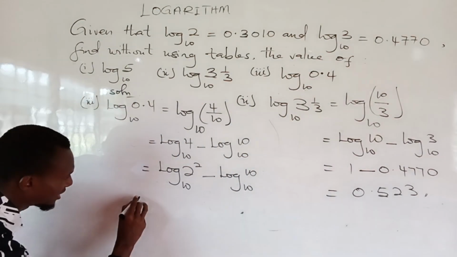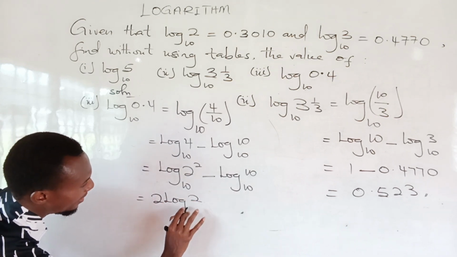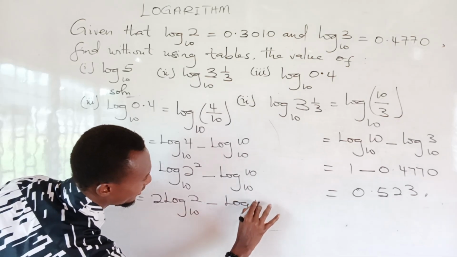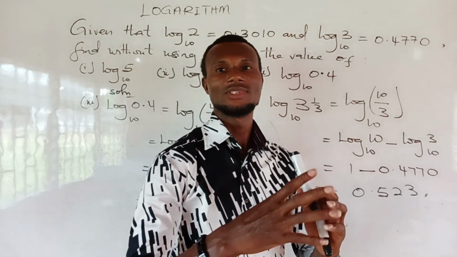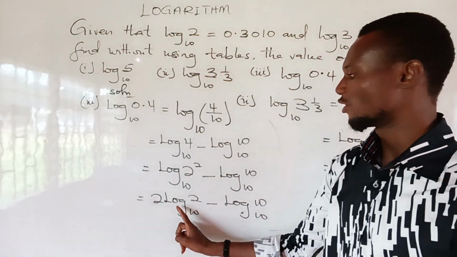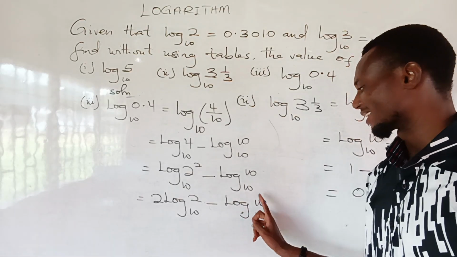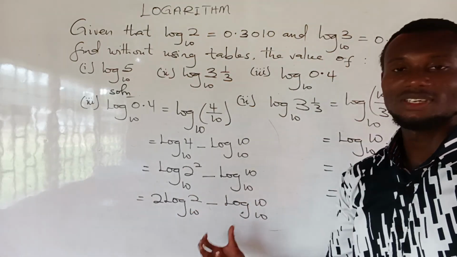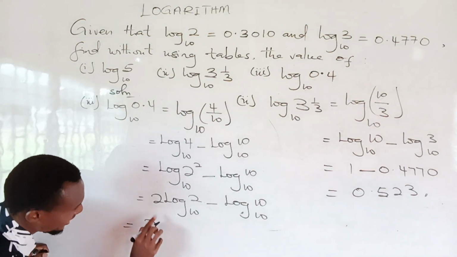Okay, so let me clean this from here and let's proceed. So I can rewrite this one as 2 log 2 to the base 10 minus log 10 to the base 10. Then from here, I can now substitute my values because I know the value of log 2 to the base 10 and also the value of log 10 to the base 10 is always equal to 1. So let's input our values now. So I'm going to repeat my 2, which is here.